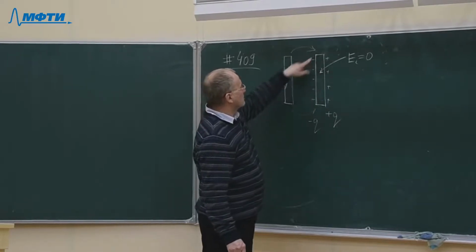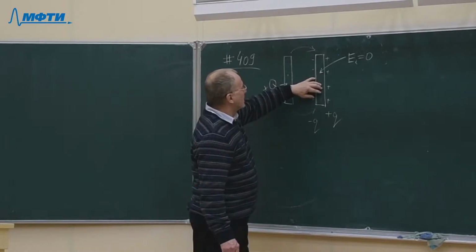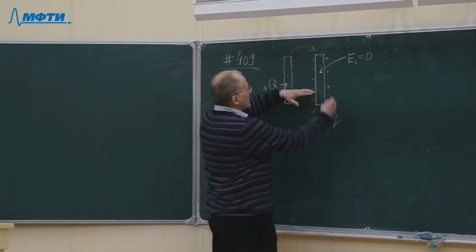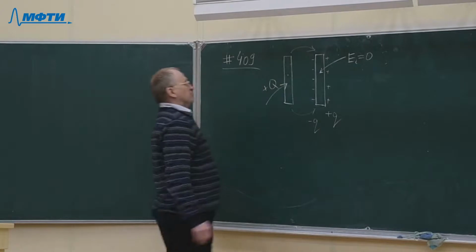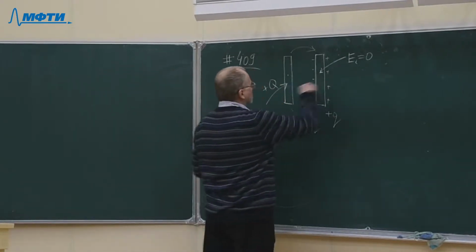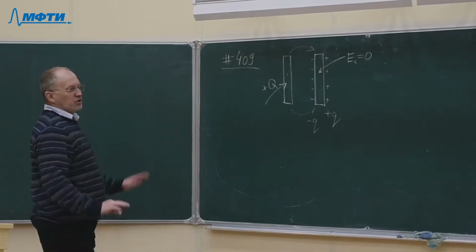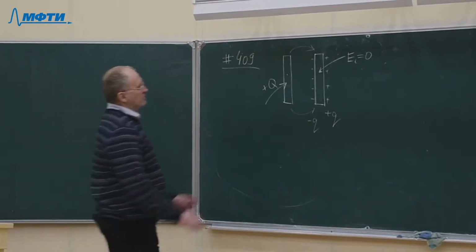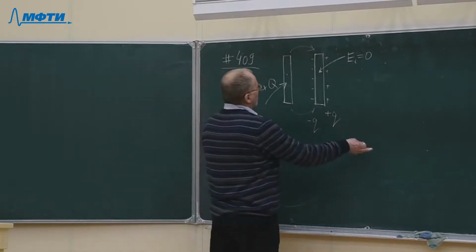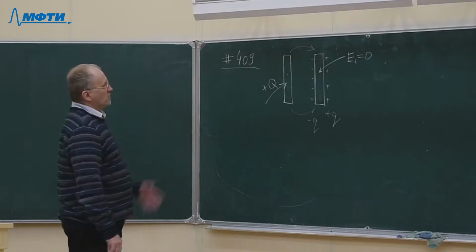And if this is a metal plate, the field inside it is zero. All the electric field occupies the external space and not inside the plate. This we know for certain. Whatever fields are outside, the inside field is zero because this is a conducting plate.